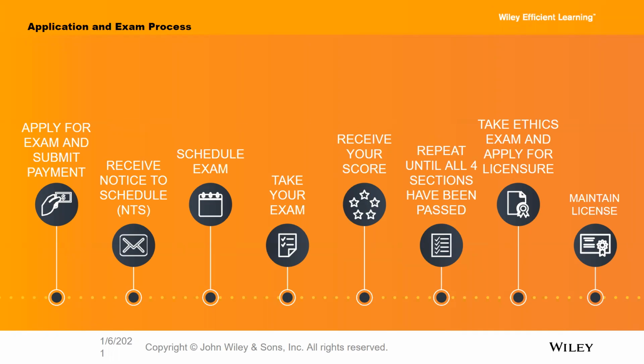Then you're going to take the ethics exam and apply for your licensure, which needs to be signed by an active CPA, and then you can maintain your license after that. I believe a license will expire every 2 years. I might be incorrect about that, but that is how often you will need to reapply to get your license.